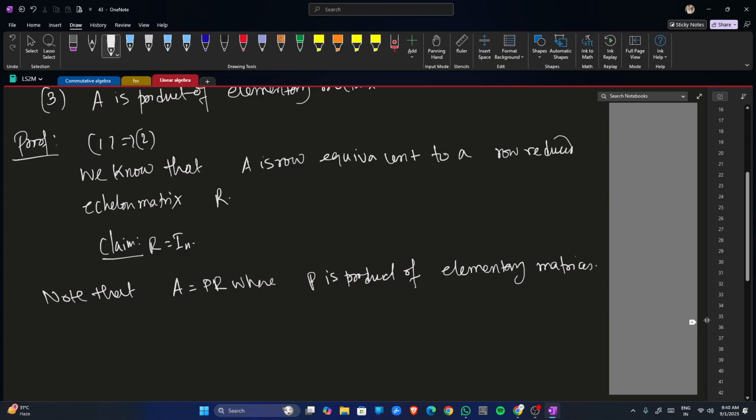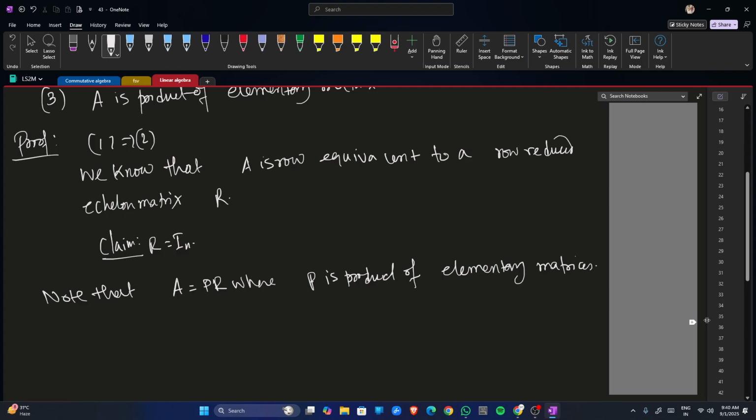Where P is the product of elementary matrices. Now the claim is R is the identity matrix. What if R is not the identity matrix? What could go wrong? R is a row reduced echelon matrix. What could go wrong if R is not the identity matrix?